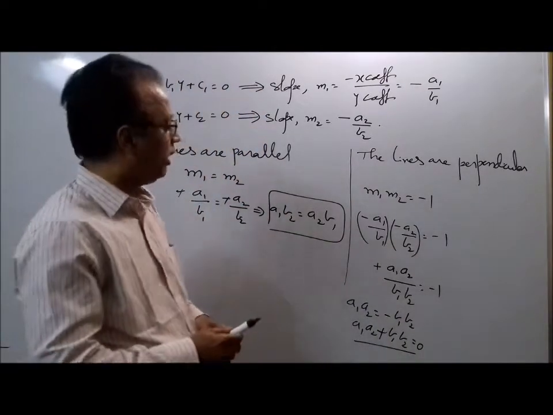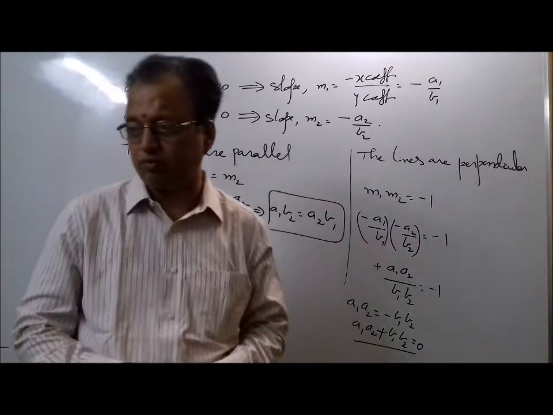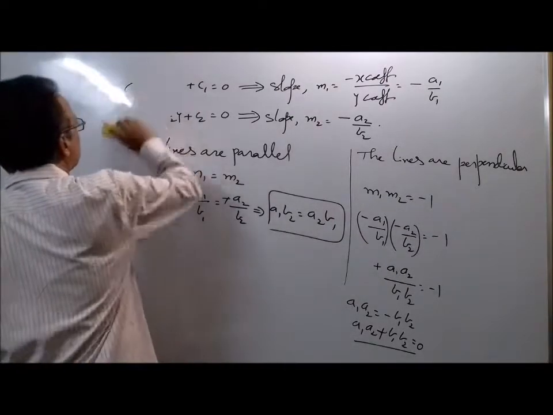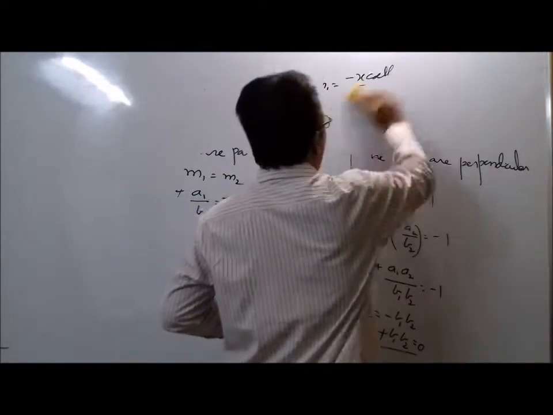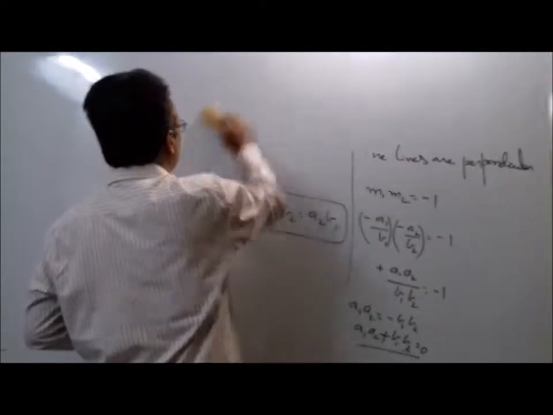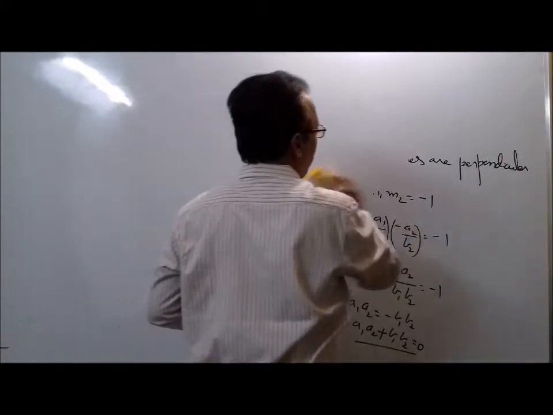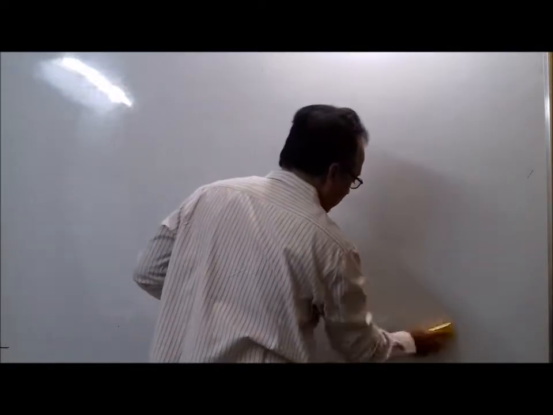Now we go to the next topic, symmetric form. What is the point slope form we know? Y minus y1 is equal to m into x minus x1.